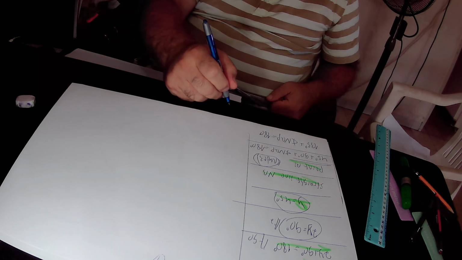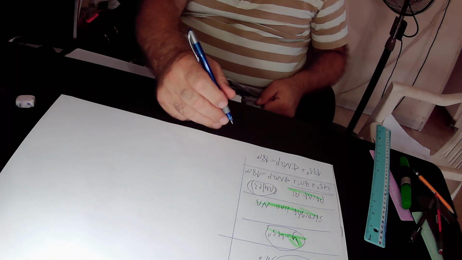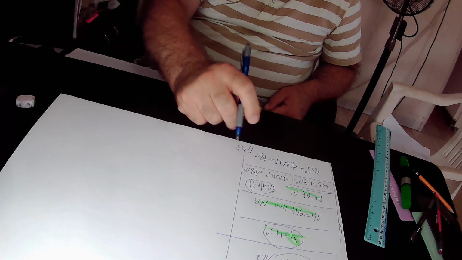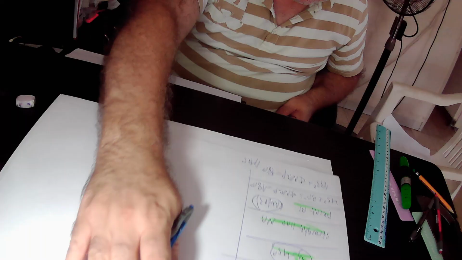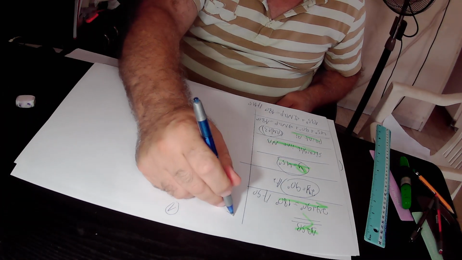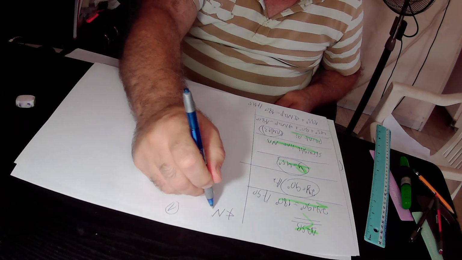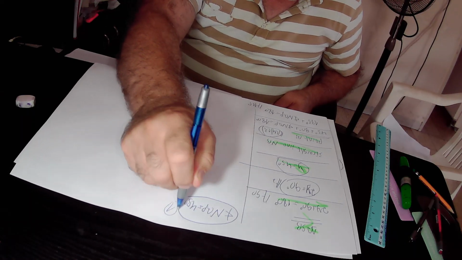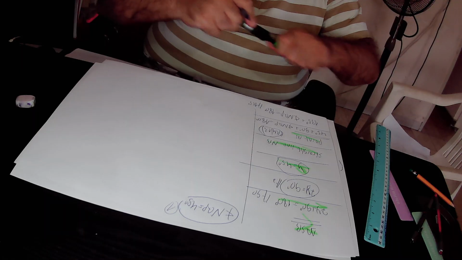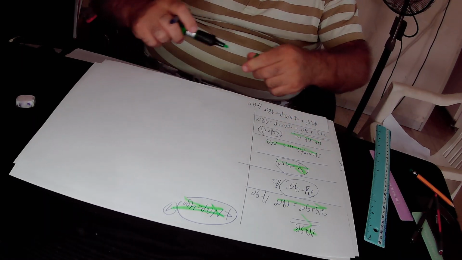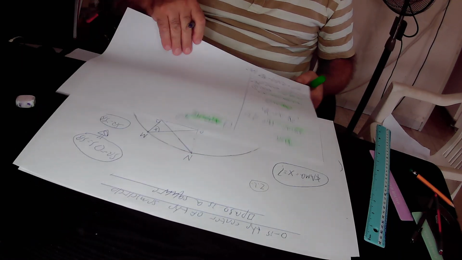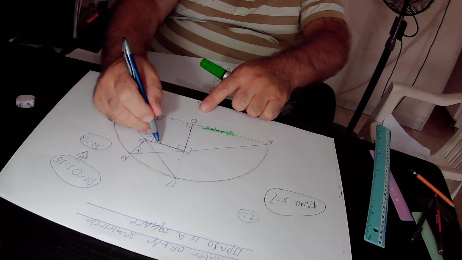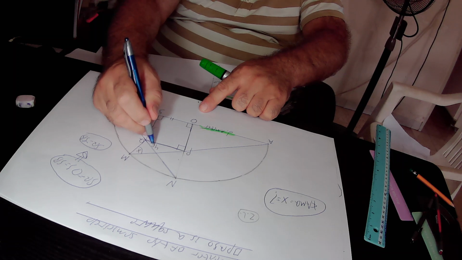Here we'll subtract 135 degrees from this equation, and we'll get that the size of the missing angle NQP is 45 degrees. This is angle NQP, equal to 45 degrees in its size.